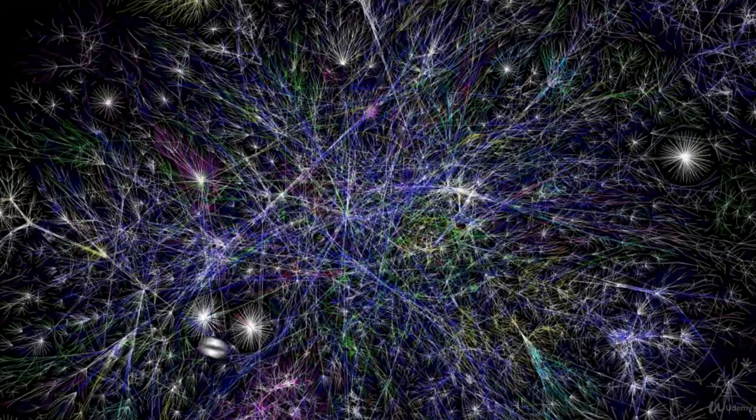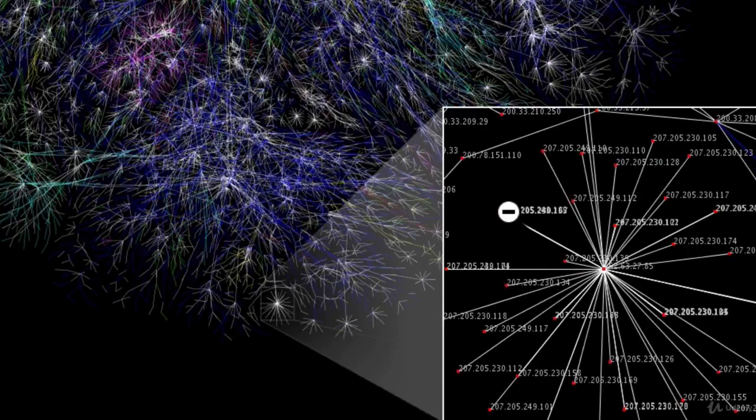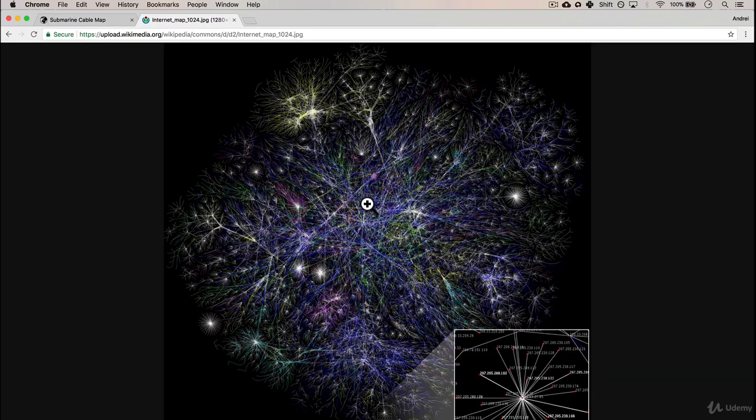You can see over here that each one of these dots is an IP address, so a computer that is connected to another computer that is connected to another computer. And that's the internet. The internet is just all these connected computers that are just transferring files between each other.